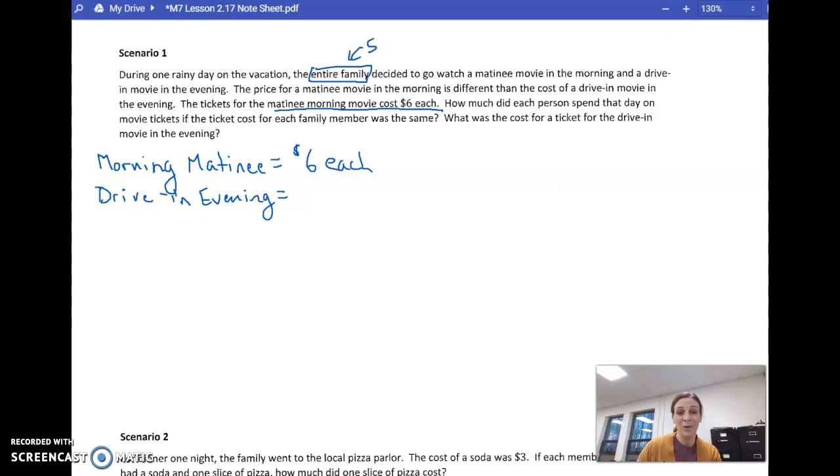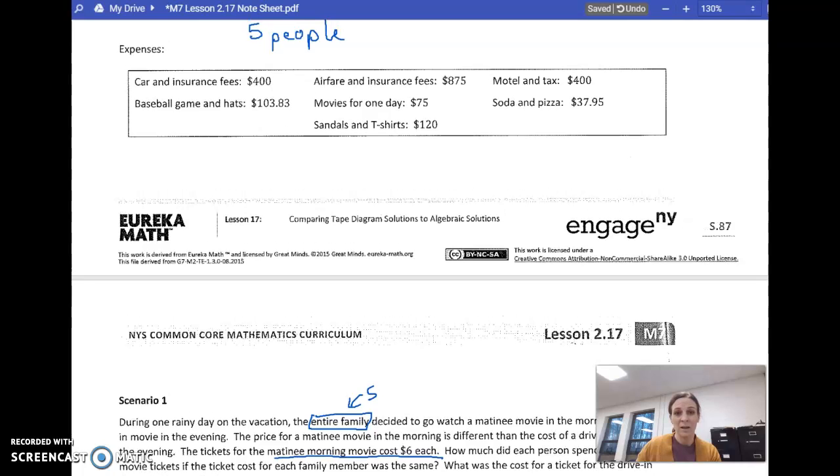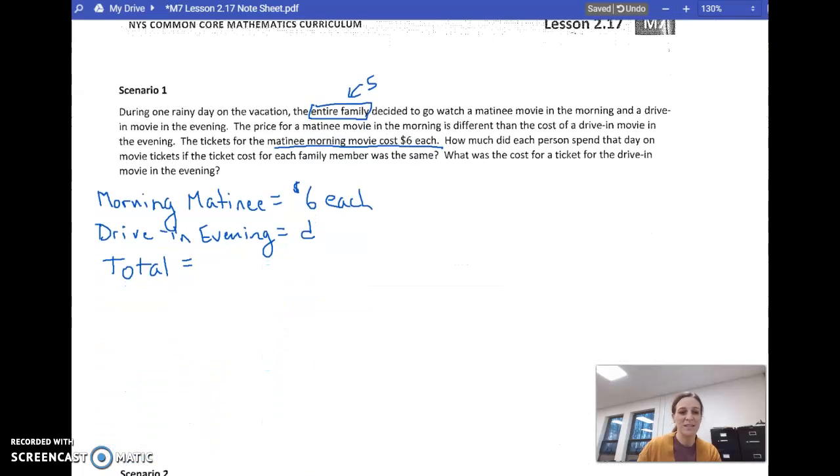Well, we don't know what it was. It never said that in here. So I'm going to call that D for drive-in. And our total. Well, it doesn't seem like we were given a total, except, remember this information up here? Right here. Movies for one day, $75. So our total for the day was $75.